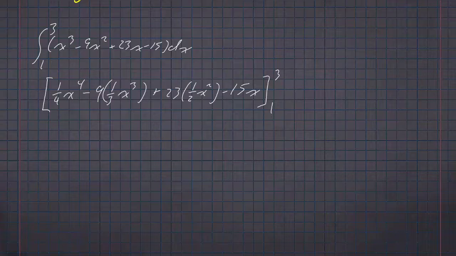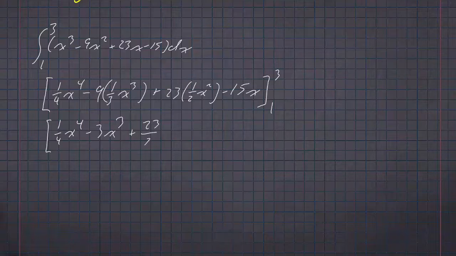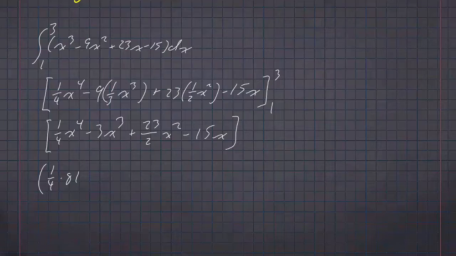So we evaluate this at 1 and at 3. We can simplify some of these fractions first if we want to. And so we evaluate. 3 to the 4th power is 81. 3 to the 3rd power is 27. 3 squared is 9.